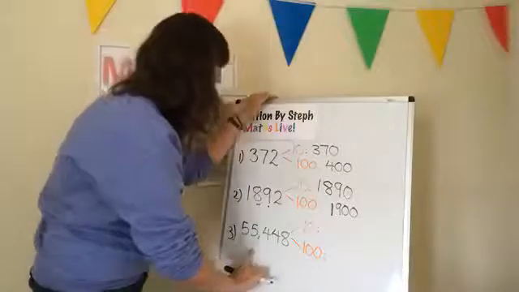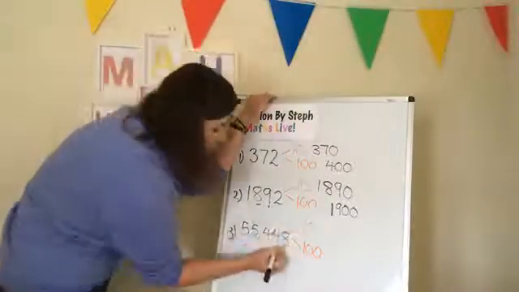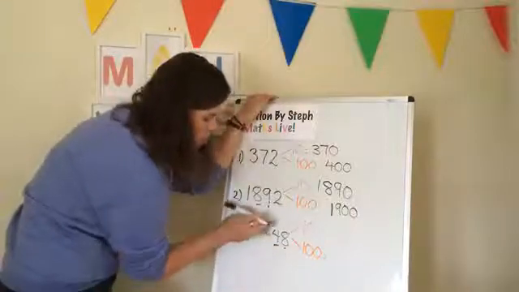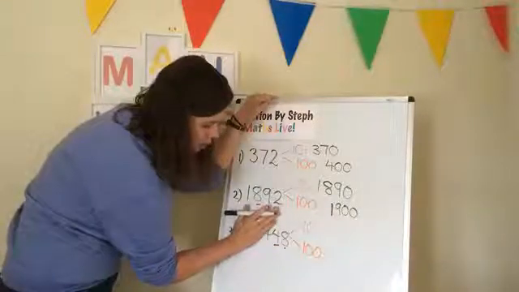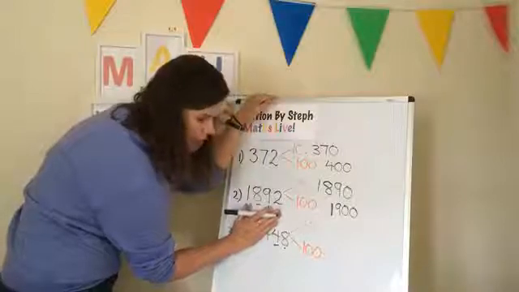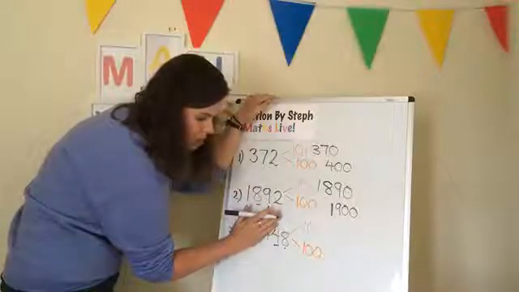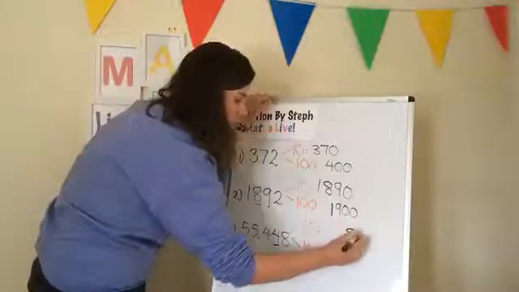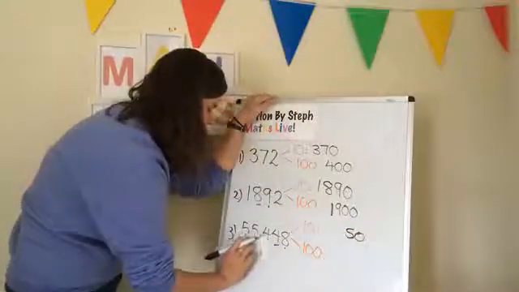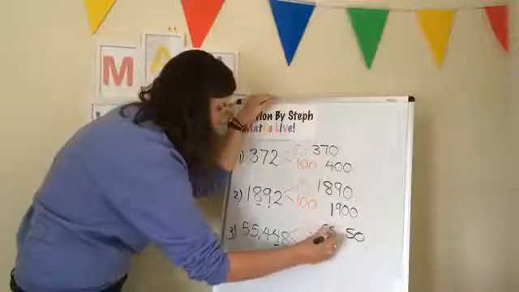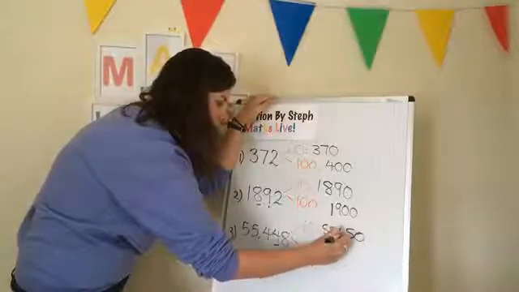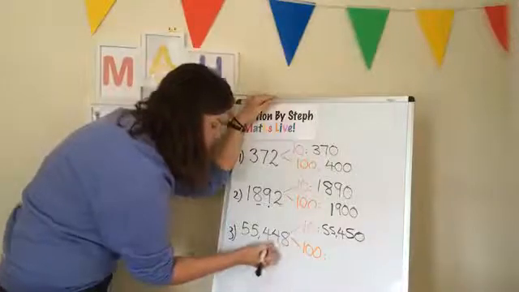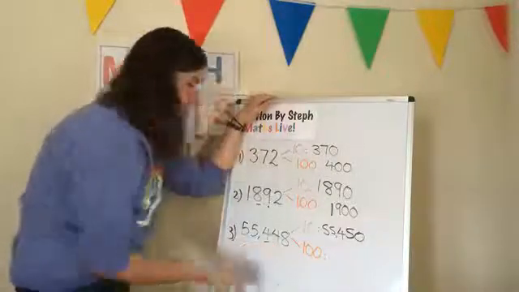So the last one. Nearest 10. Here is our tens, and the ones tell us what to do. If we cover the rest up, it's 48. Is it 40 or is it the next one up, which is 50? 8 tells us to round up to 50, but don't forget about the rest of the number. So 55,450. And then when we're doing it to the nearest 100, 4 is the hundreds.